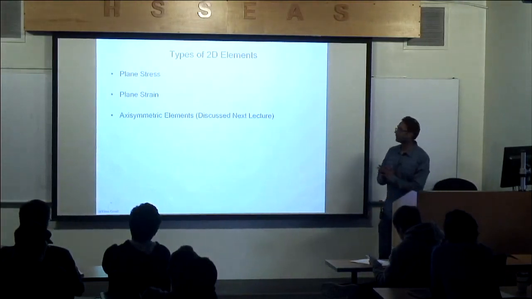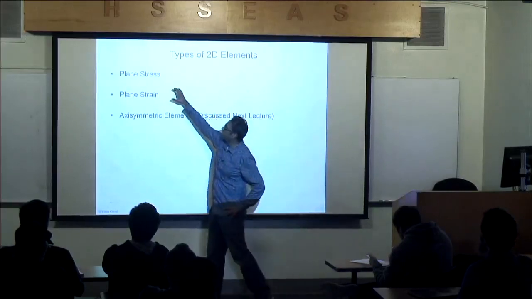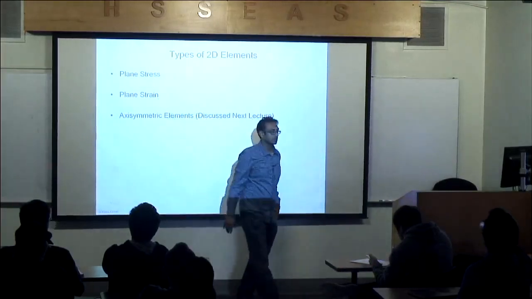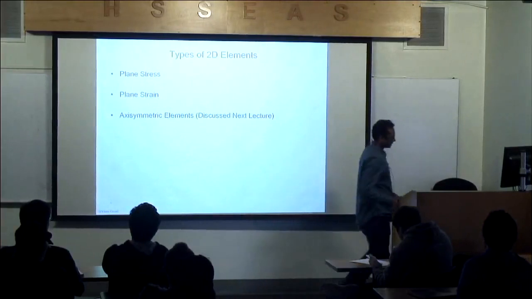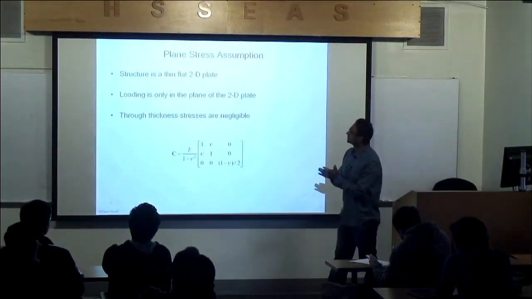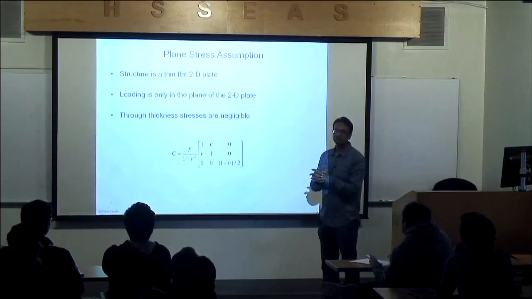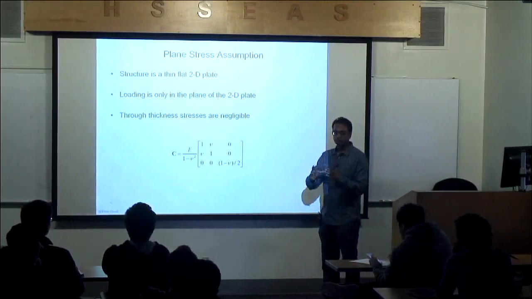So there are different types of elements. I'll cover axisymmetric next Thursday. But you have plane stress versus plane strain, in essence, for 2D elements. Plane stress usually works well when the structure is a thin, flat plate, a 2D plate, say, where all the loads are in plane.